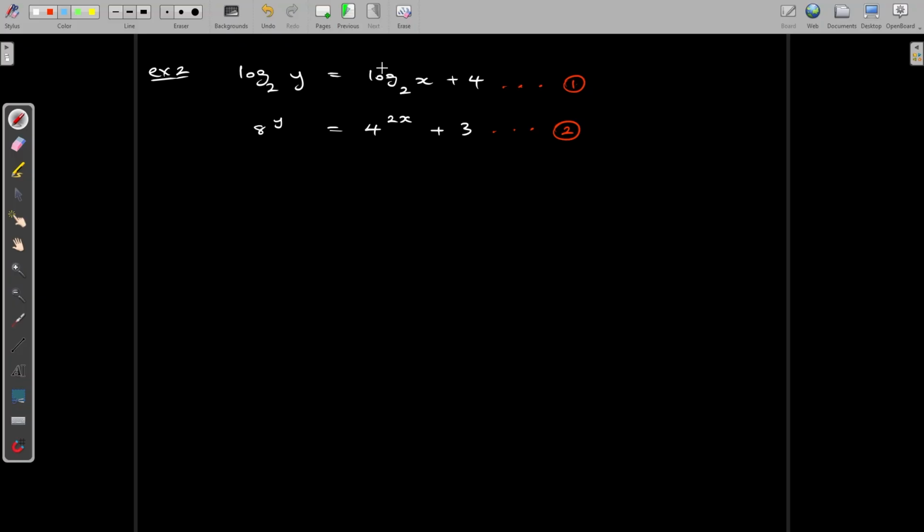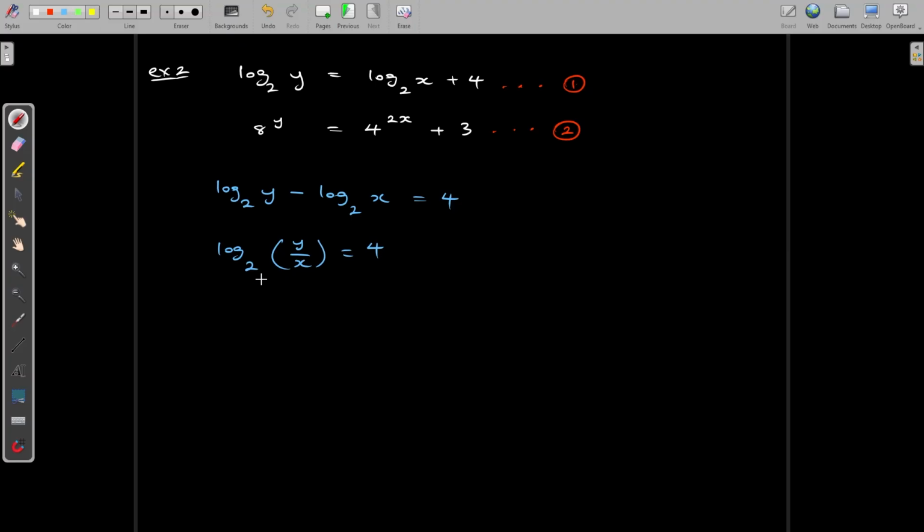So starting with equation 1, we're going to have log base 2 of y, then we're going to transpose minus log base 2 of x is equal to 4. So we have the same base being subtracted, so we know what to do with the numbers here. So this is log base 2 of y over x is equal to 4.